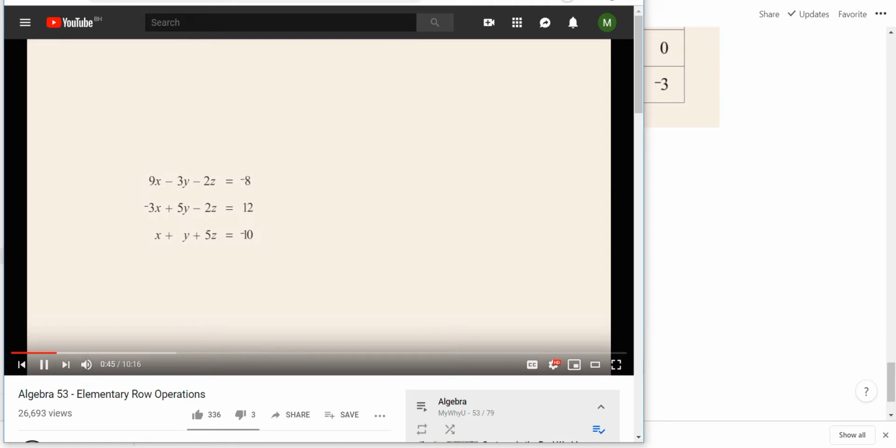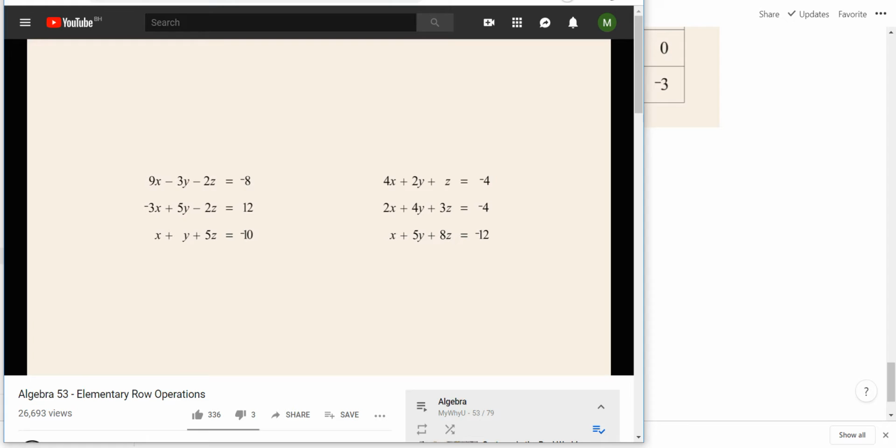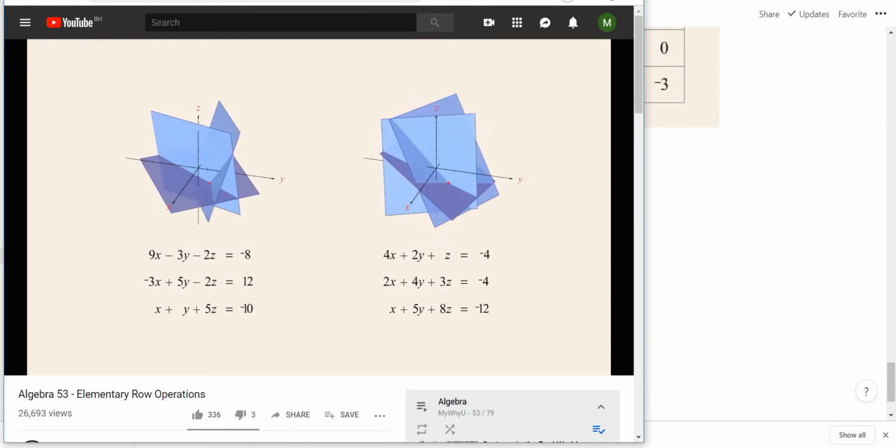Two systems of equations which have different forms but identical solutions are said to be equivalent. For example, both of these systems of equations describe three planes which intersect at a single point.